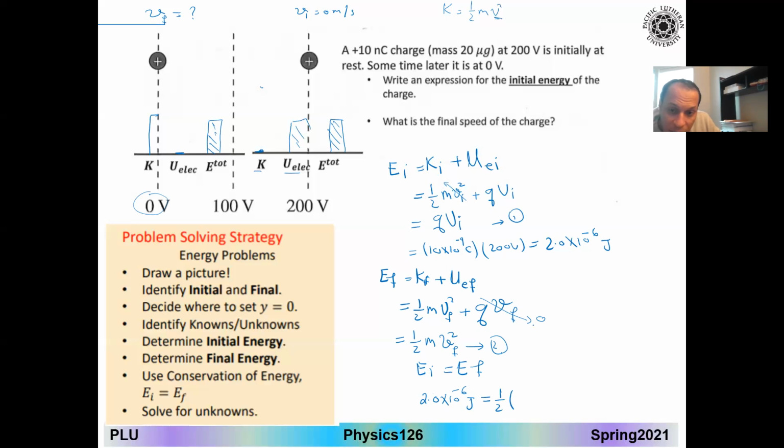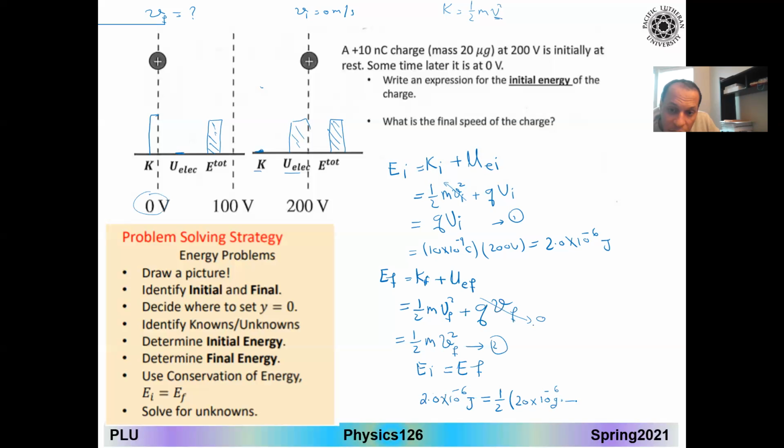We have 20 gram, so 20 times 10 to the minus 6. This one is in gram.